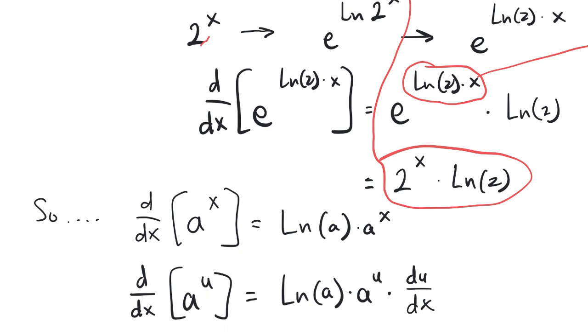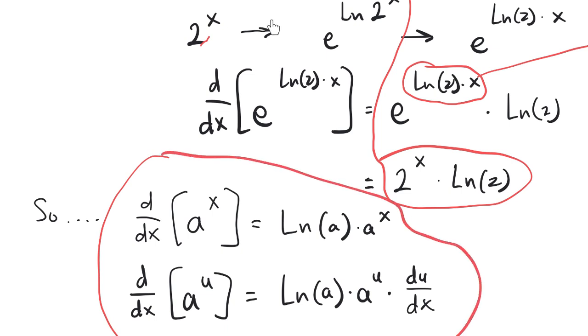The derivative of a to the u is a to the u, and then we do the derivative of u, that's the chain rule, du dx, multiplied by the natural log of a. This is going to be best if you memorize it rather than trying to remember how this formula came to be. So this is what we're going to be working with to do derivatives of exponentials with bases other than e.